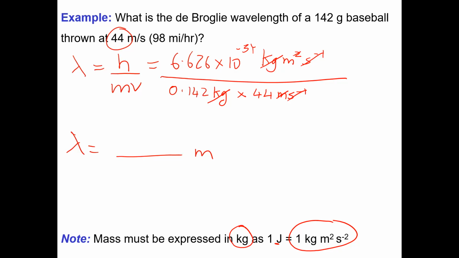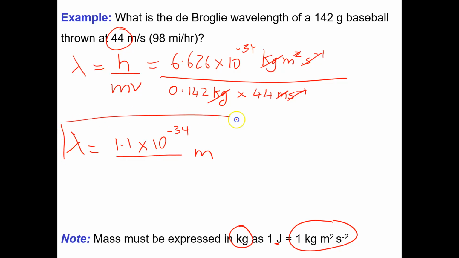So let's put all of that into the calculator and see what the wavelength of a baseball is. And so the wavelength of our baseball to two significant figures is 1.1 times 10 to the minus 34 meters.